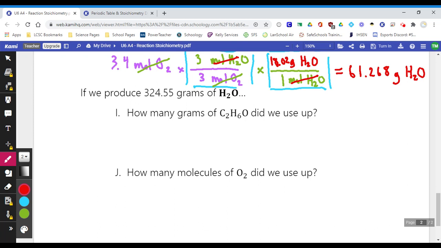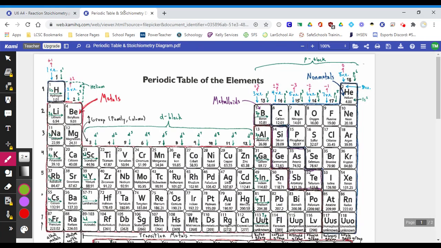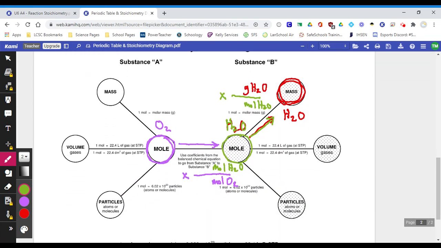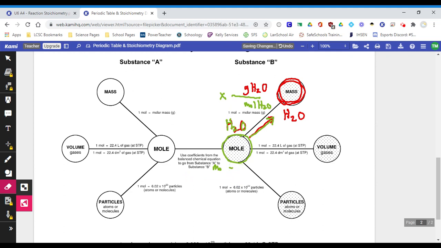If we produce 324.55 grams of H2O, how many grams of C2H6O did we use up? So we are going from grams of H2O to grams of C2H6O. Let's chart it out. Let's erase all the stuff we've got on here and clear all this out.